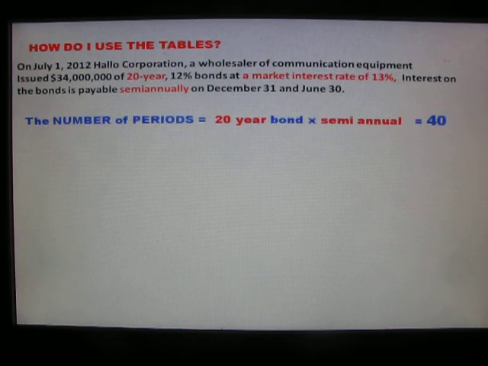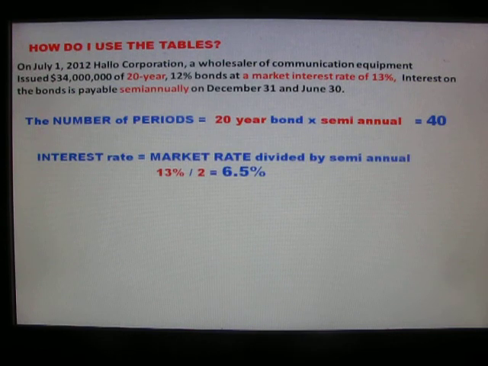So first you need to calculate the number of periods. We said it was a 20-year bond, semi-annual payments. So that gives us 40. Interest rate, you take the market rate and you divide by 2 because it's paid semi-annually. Again, if this was an annual payment, so they paid interest only on December 31st, it would be 20-year bond times 1, so your number of periods would be 20.